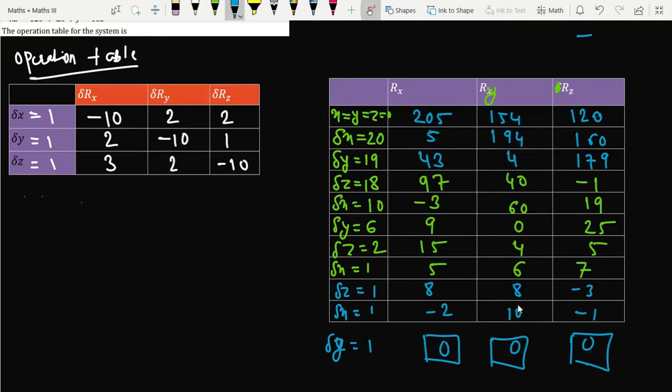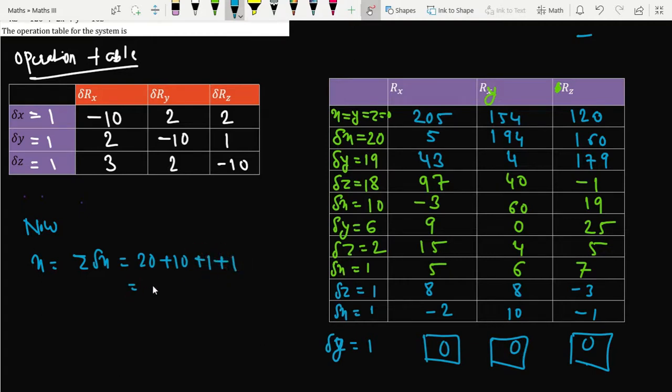Now how to find the values of x? Okay. So now the value of x is nothing but the summation of all delta x. So collect all the delta x from this column, add them, we get the value of x. So delta x is first 20, then 10, then 1, then 1.